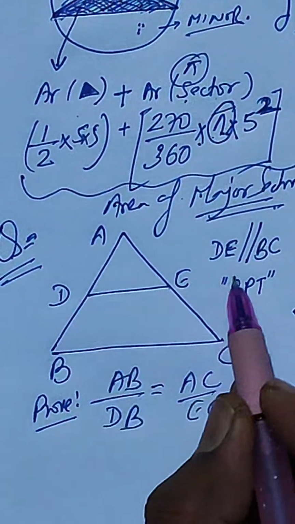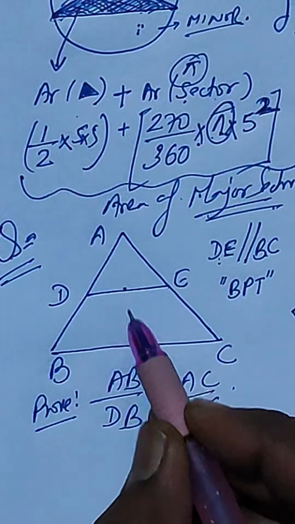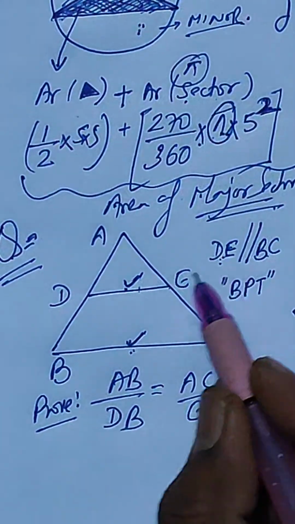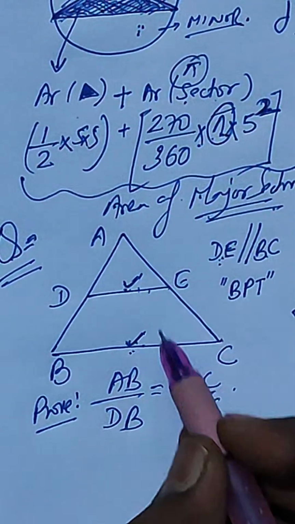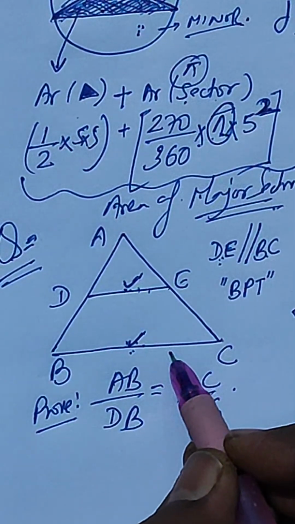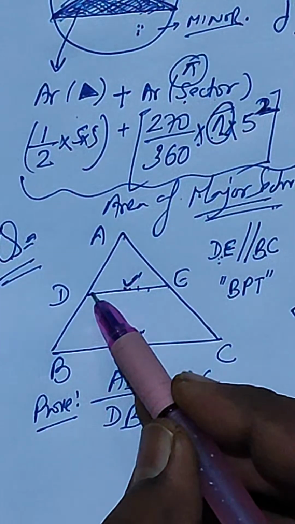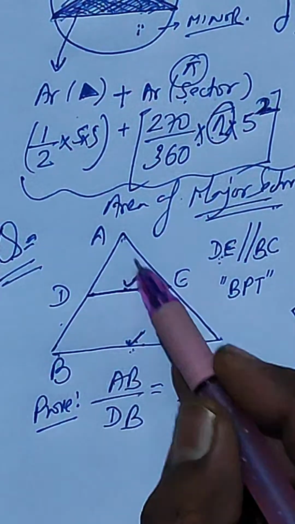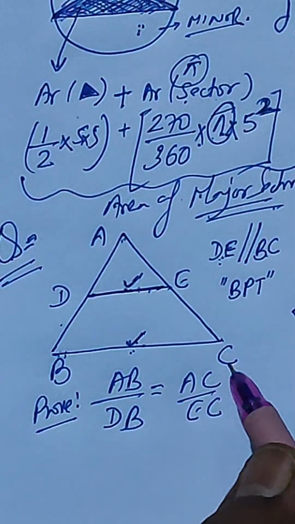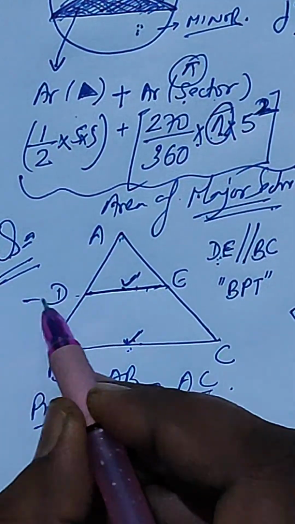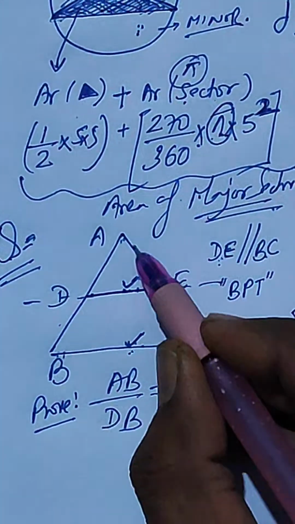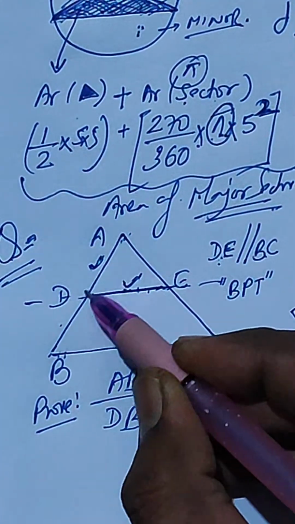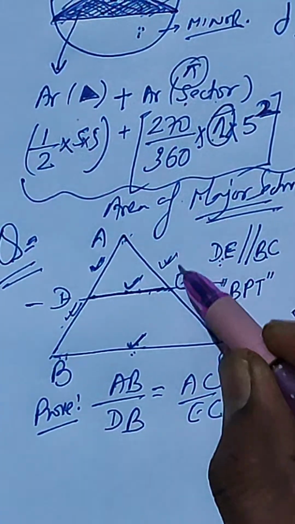That means the line DE is parallel to BC. If this is parallel to this one, then as per the basic proportionality theorem, we can say that the ratio in which this line divides the other two sides, AB and AC, will be equal. That means DE will be dividing the two parts AB and AC into the same ratio, and that ratio will be the same for the other side also.